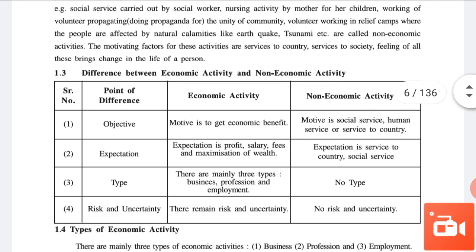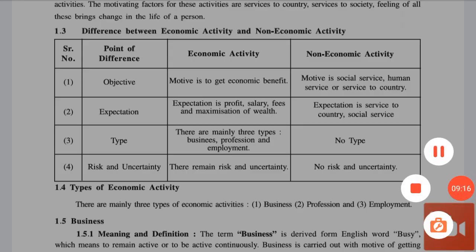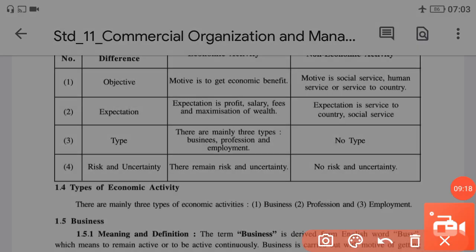Here is given the paragraph on the difference between economic and non-economic activity. This is the most important question for the examination. I mark it here.